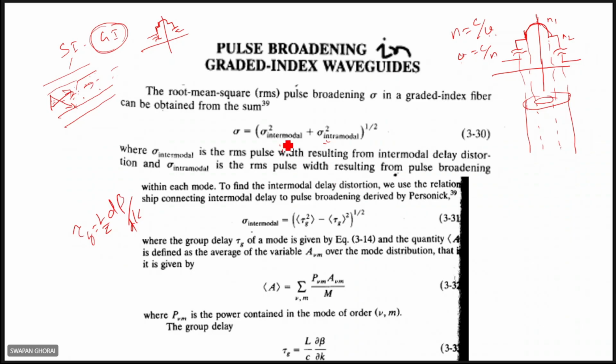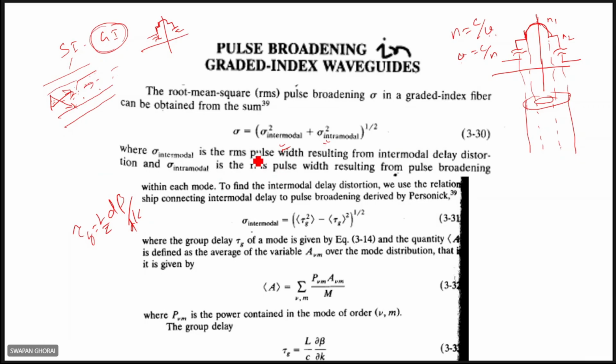Here the RMS pulse width is given by sigma squared equals sigma intermodal squared plus sigma intramodal squared. The first one is the pulse width due to intermodal delay distortion, and the second is the sigma due to pulse width variations within a mode, sigma intramodal.